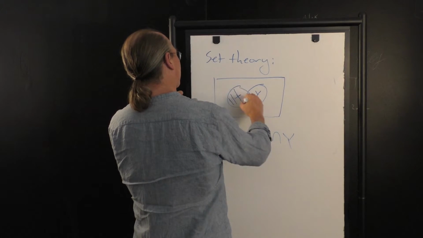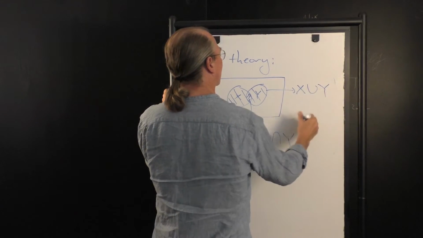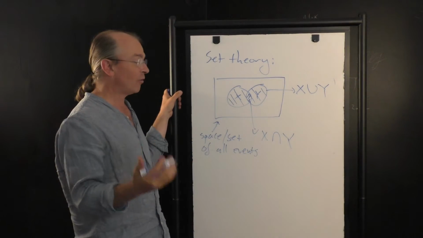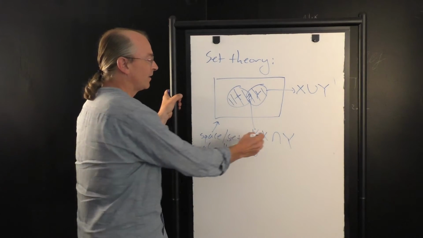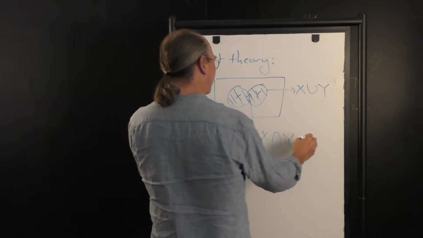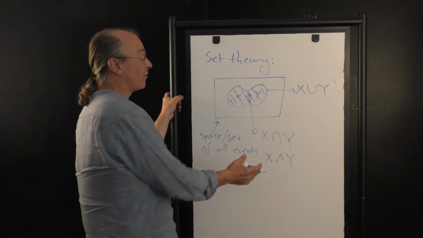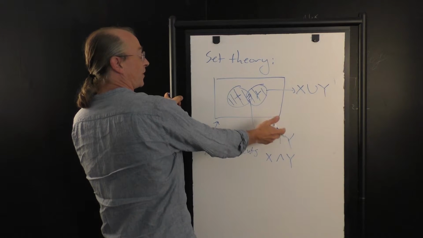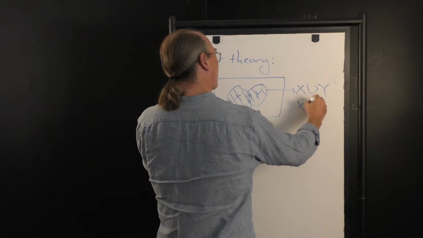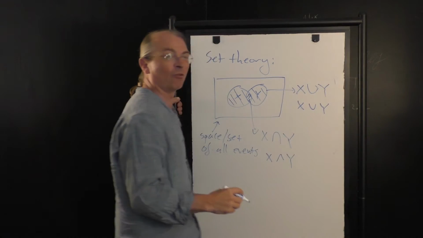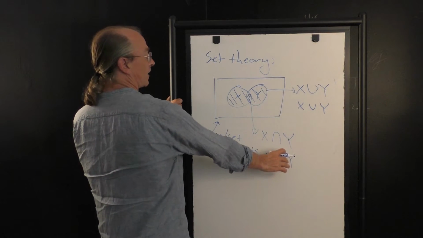By contrast, if I look at this right here, this is X union Y, which is the set of events where it's either sunny or rainy. And now you can kind of see where George Boole got his funny cap and cup notation. We compare this with X and Y. X and Y, from a logical standpoint, is essentially the same as this union of these sets. And similarly, X intersection Y is X or Y. So when I take the logical statement corresponding to this set of events, then I write it as X and Y.